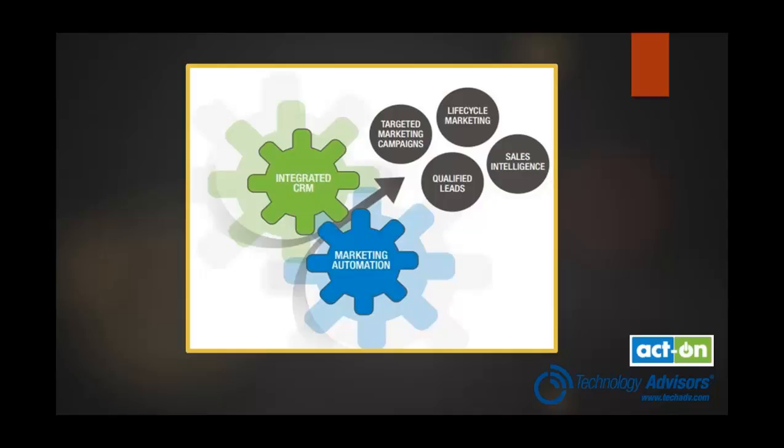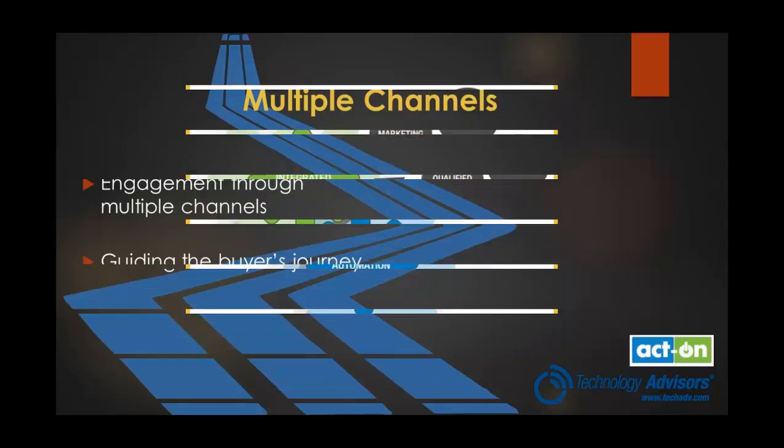Marketing automation working in concert, integrated with CRM, the two cogs of the machine, grinding out targeted marketing campaigns, qualified leads, life cycle marketing, and sales intelligence. A very good graphic to simply reaffirm the personal anecdote that I gave you and the statistics from the previous slide. Perfect. Slide, please.